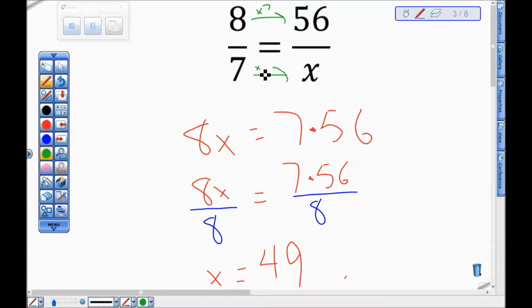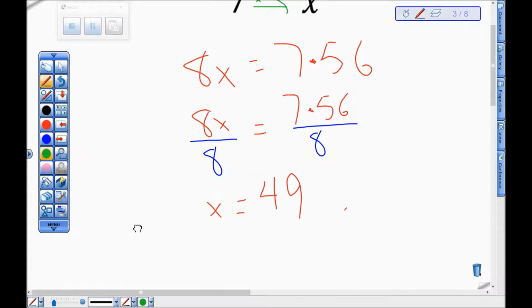So if I took this times 7, I'd get 49. That's correct, and that would be solving this proportion by inspection instead of using the cross products principle. Both are good. Remember, if you're solving by inspection, take that deep breath before you finalize your answer and check it. But either way, 49 is the right solution here.